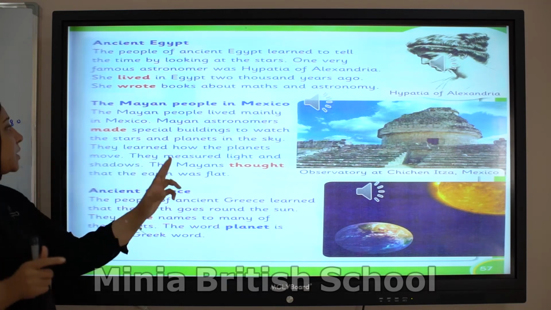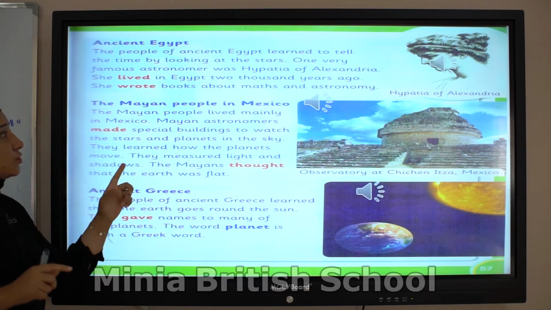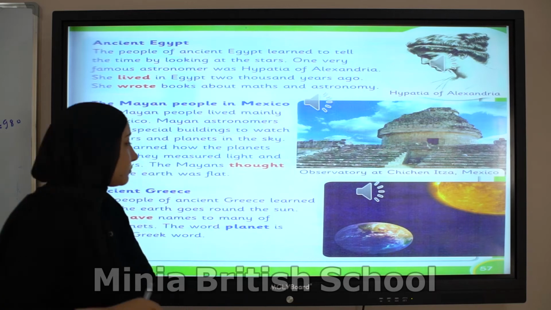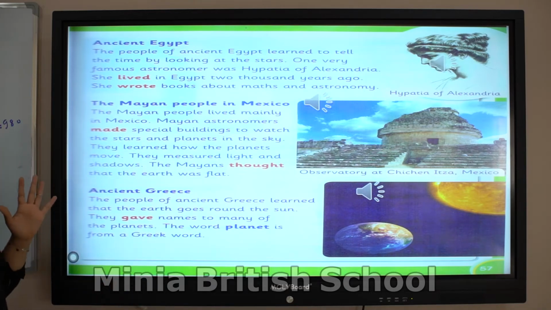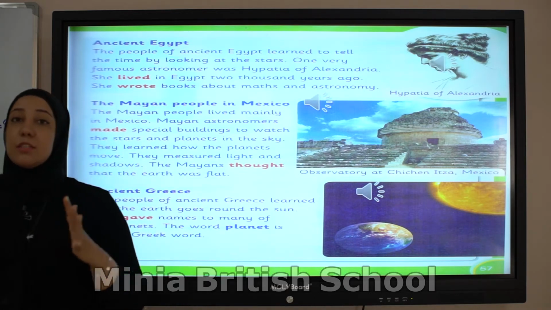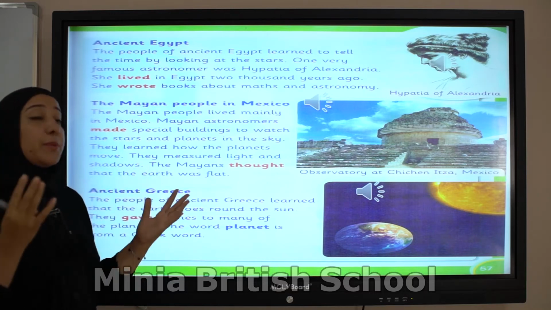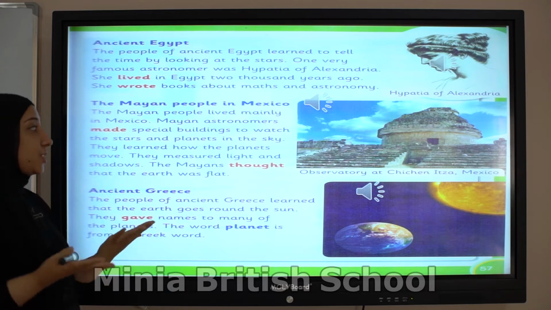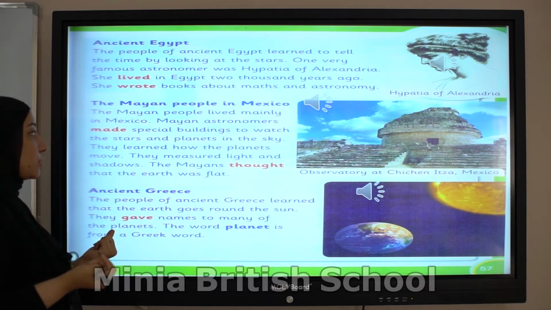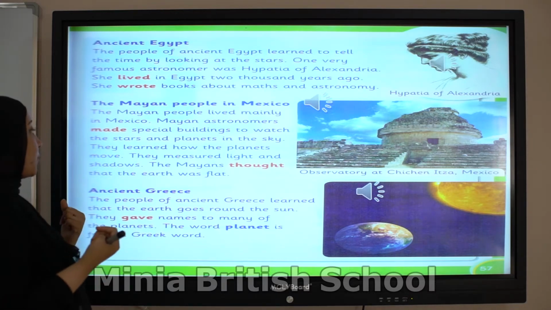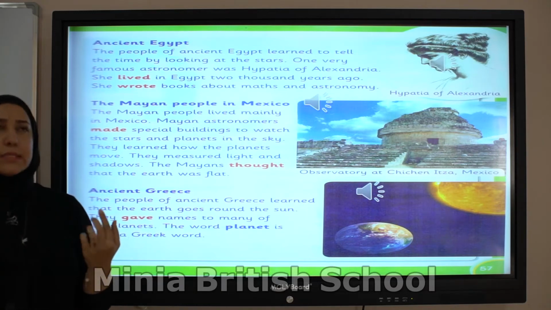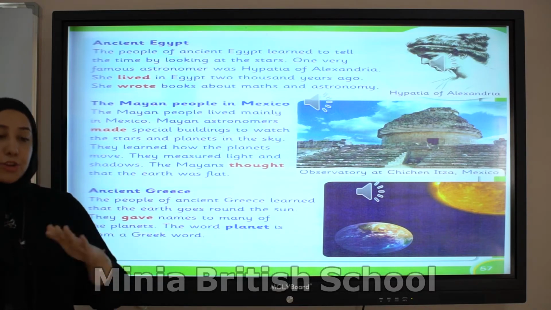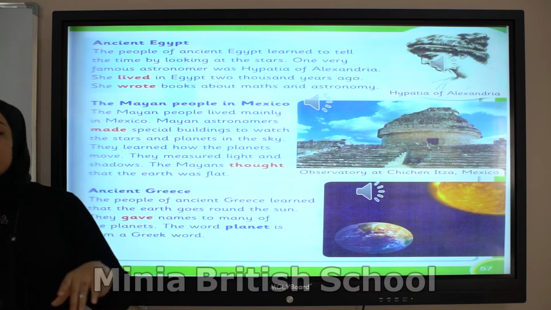They built special buildings to watch the stars, as you can see here. And they learned how the planets move. They measured the light and shadows. The Mayans thought that the Earth was flat. The Earth was flat. It was not round.